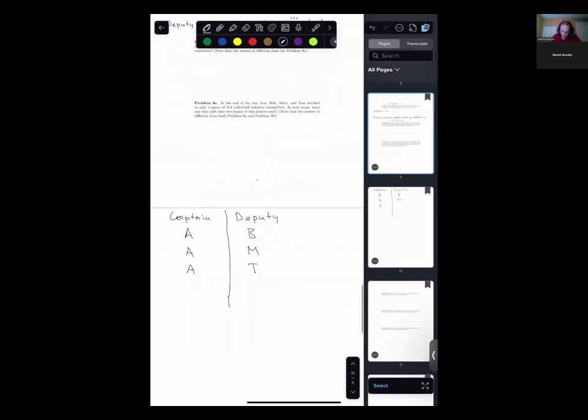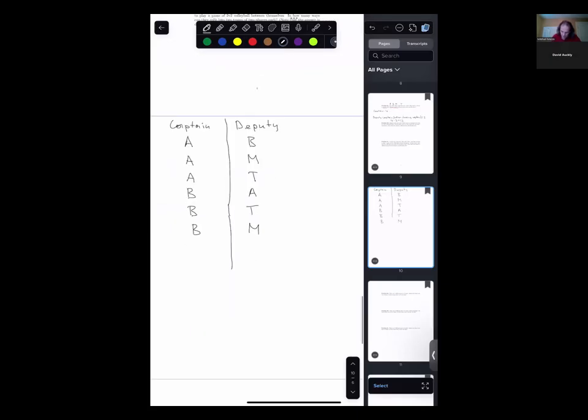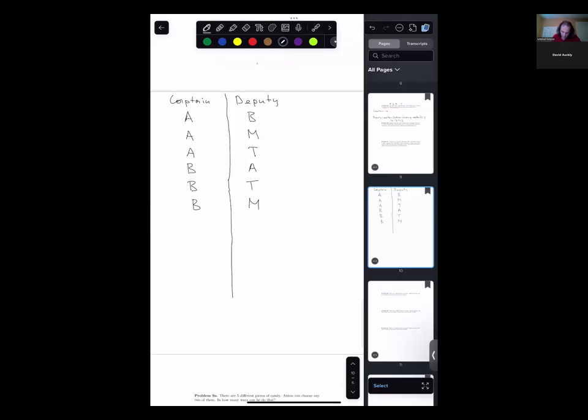Then we can have Bob and Anne, Bob and Tom, and Bob and Marie, right? We can have Tom and Anne, Tom and Bob, Tom and Marie.